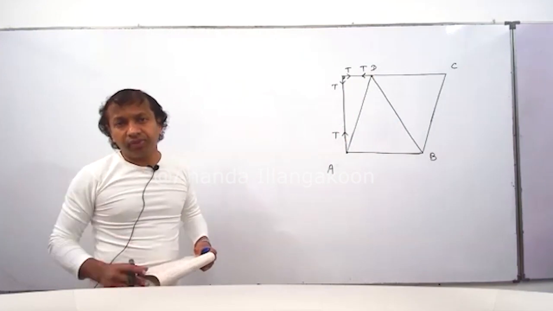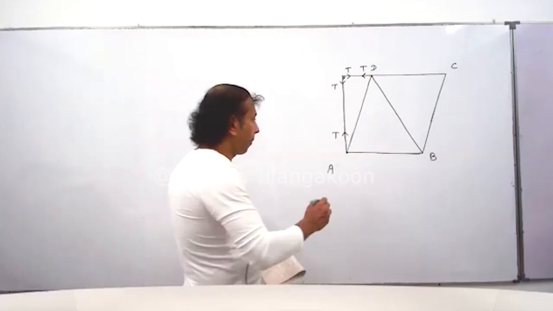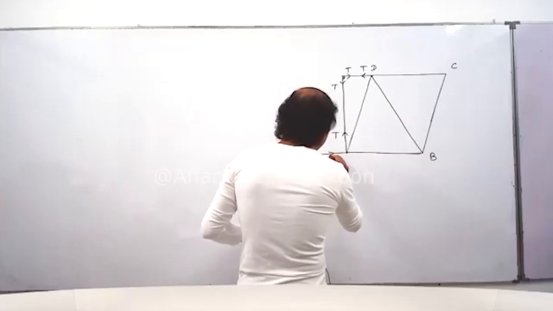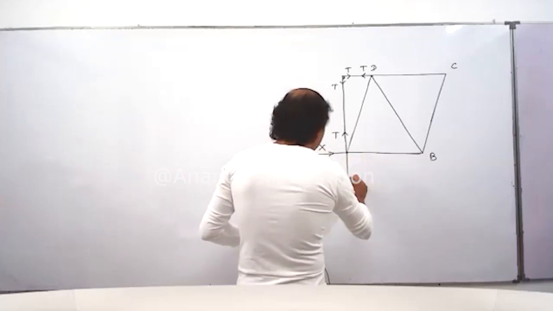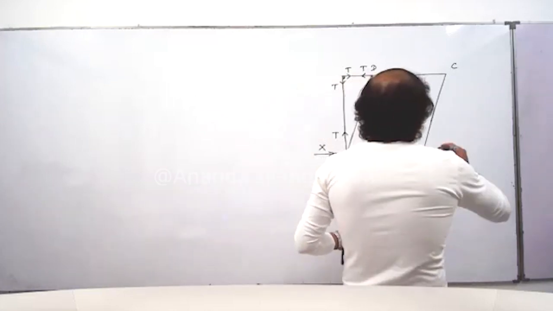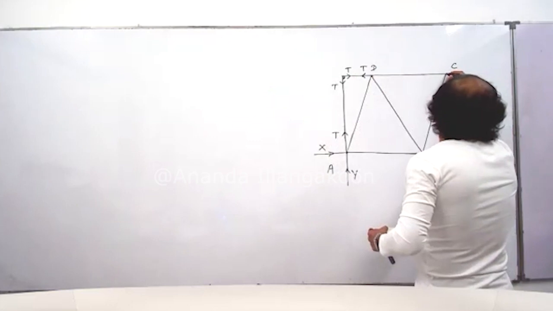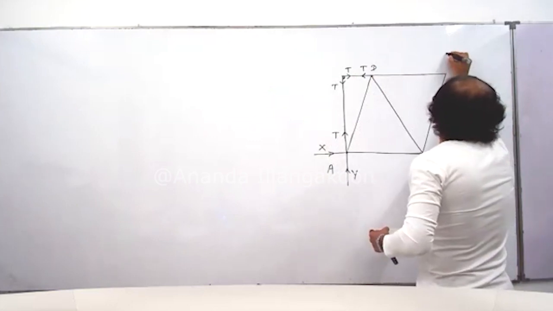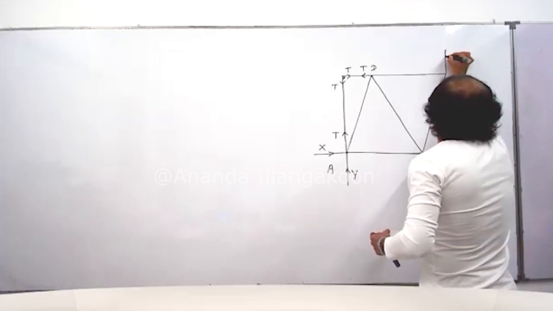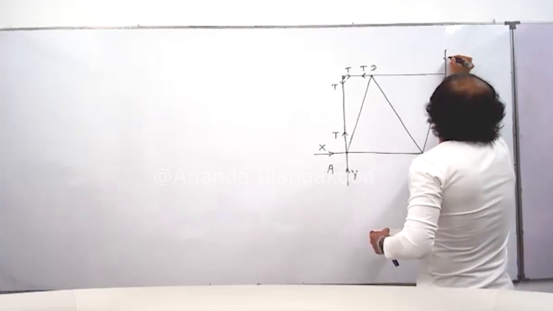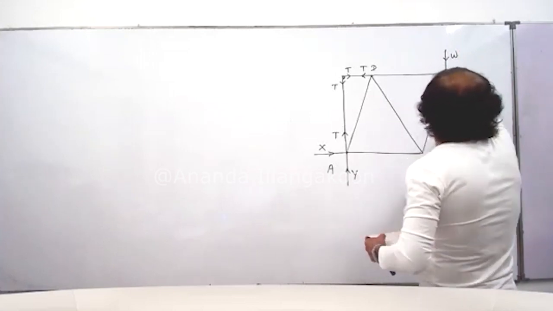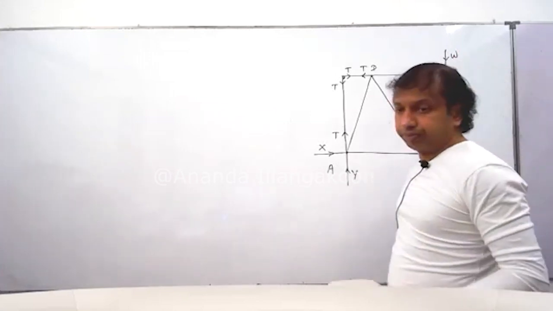We take the horizontal and vertical components as X and Y. X we take to the right, and Y upwards. The weight W is suspended from me. Suspended means we can mark it like this. Finally, weight W acts at the joint C.